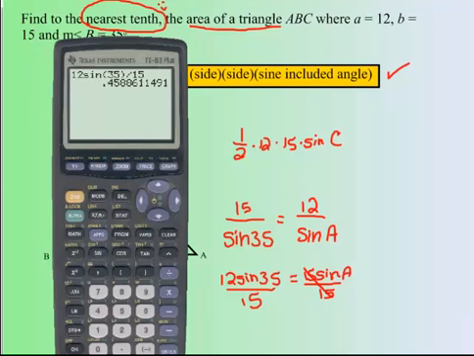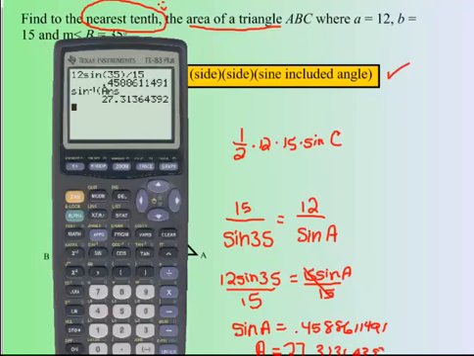All right, means the sine of my angle A is 0.4588611491. I'm going to inverse sine that because I have to find my angle. Now here again, don't be rounding fools. The answer is 27.31364392.